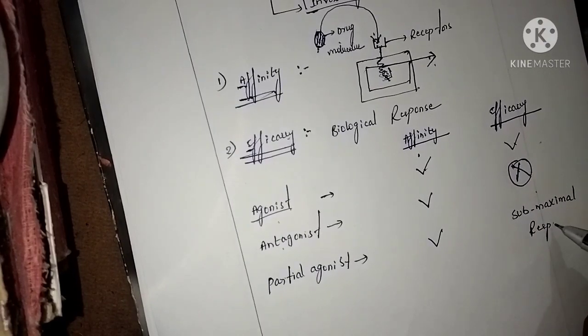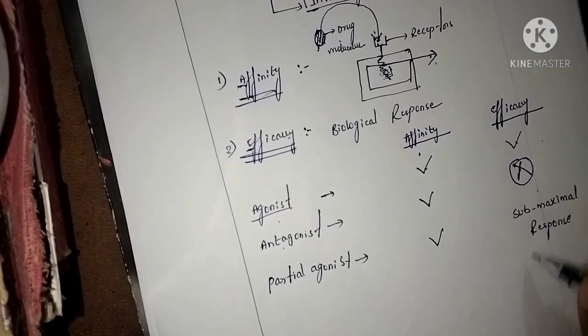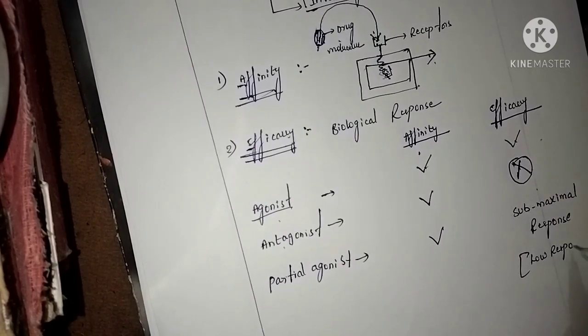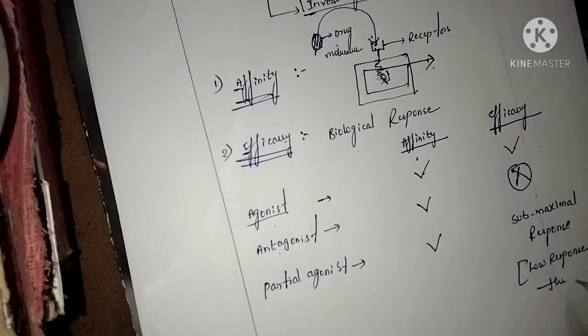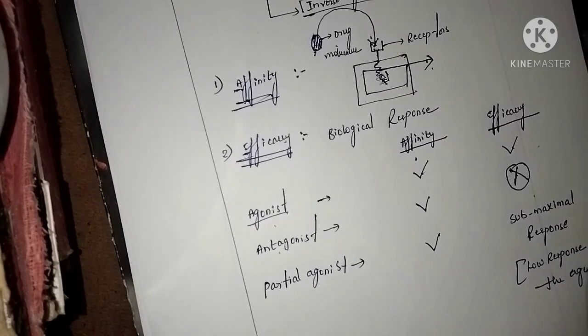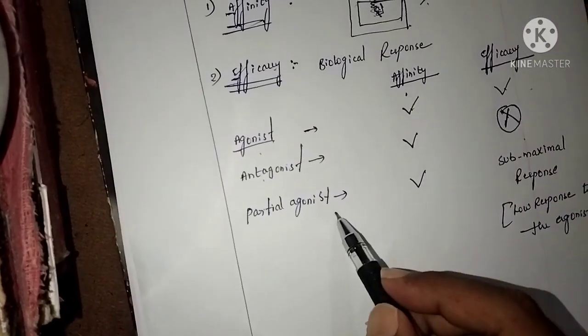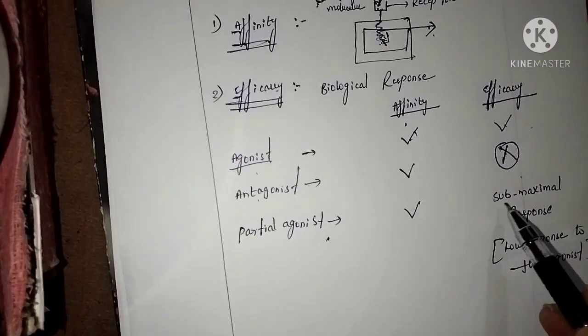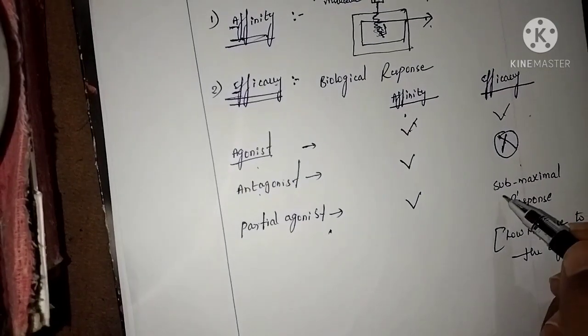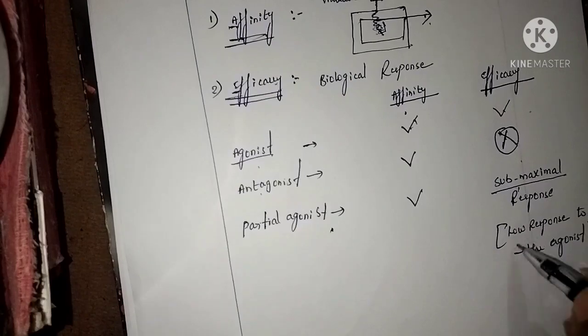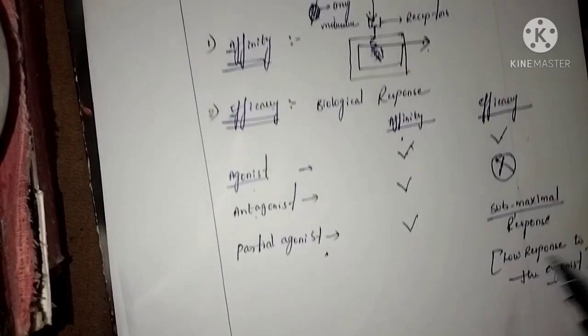It means low response when compared to that of a full agonist. That is what partial agonist means. Partial agonist has efficacy, but it shows only submaximal, low response when compared to that of agonist.